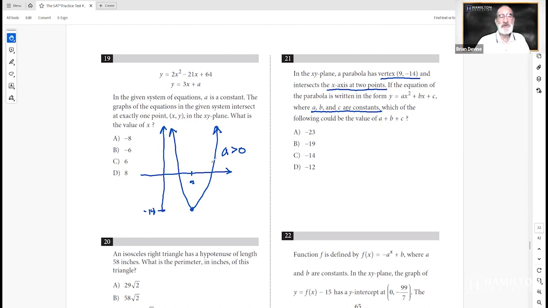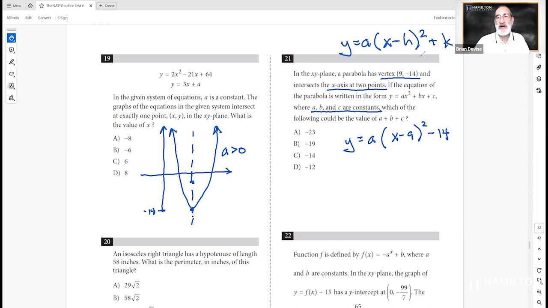And we also know that we can write this in vertex form because of the fact that we know the vertex point. Then y has got to be equivalent to a times x minus 9 squared minus 14. The vertex form of y equals a times x minus h squared plus k, where h, k is the vertex.